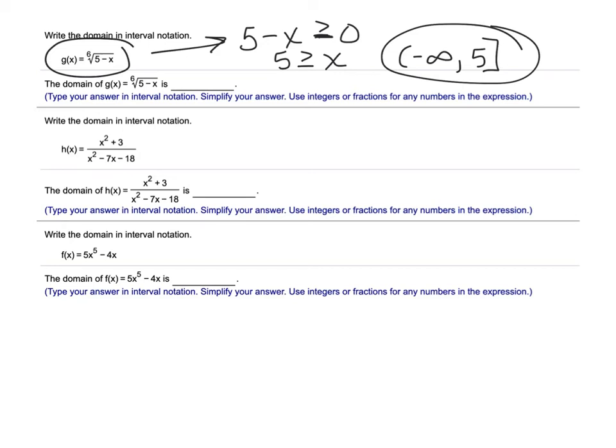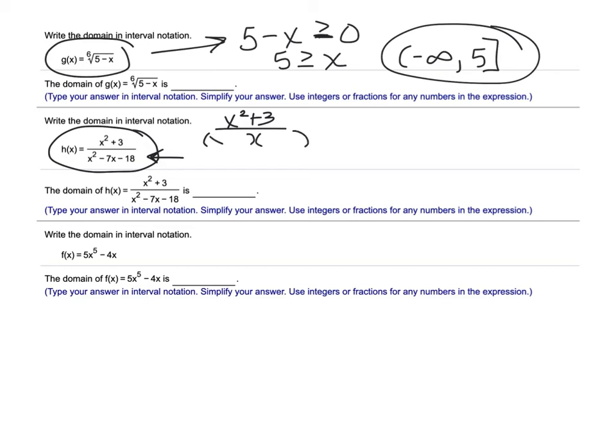The second one is a rational function, where you have a fraction. What we're worried about is that everything works except for the values that make the denominator 0. Remember, you cannot have 0. The numerator has nothing to do with it. We're just going to take the denominator and figure out where it equals 0.